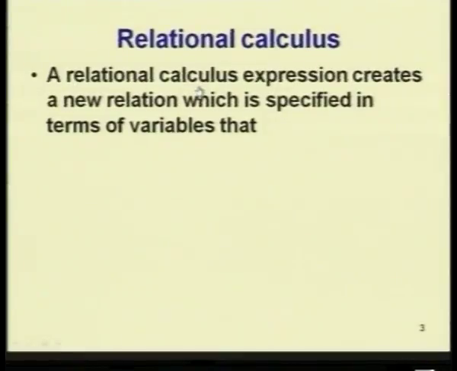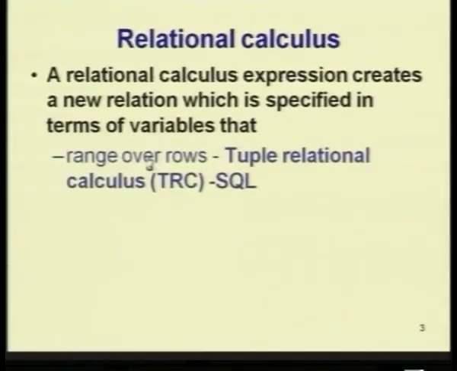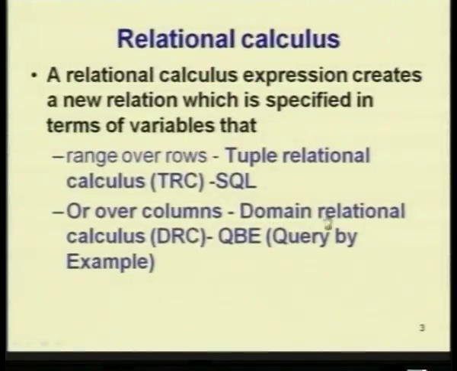Relational calculus similarly creates a new relation, specified in terms of a variable that ranges over rows. If it ranges over rows, it is called tuple relational calculus, which is similar to what SQL does, or over columns, which is called domain relational calculus or DRC. There is a query language called QBE, query by example, which is based on domain relational calculus.